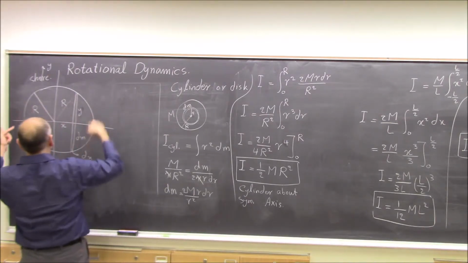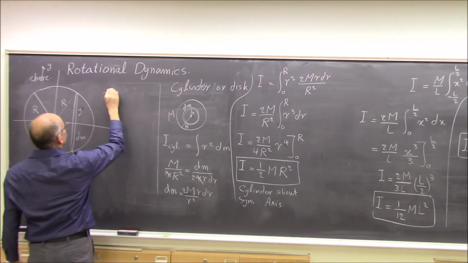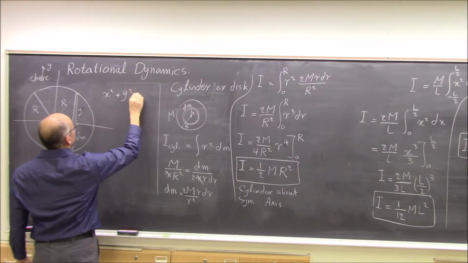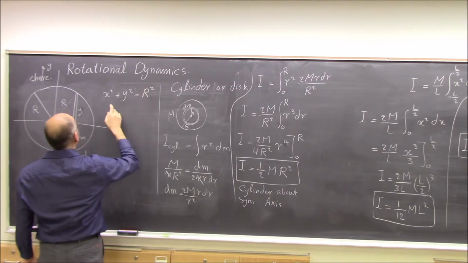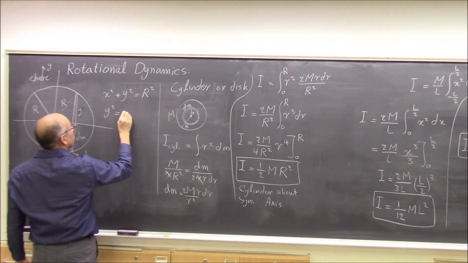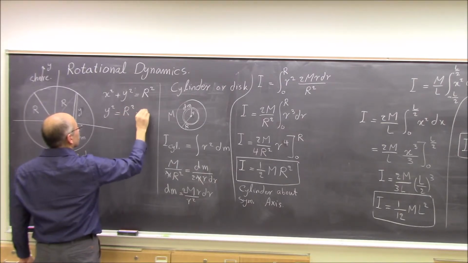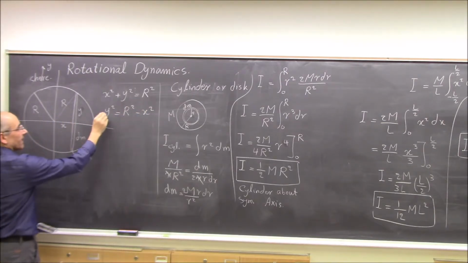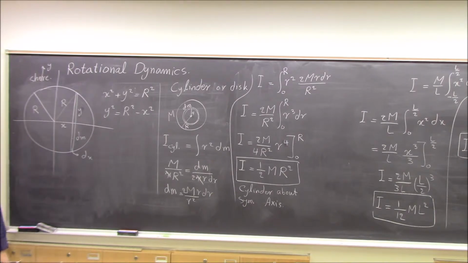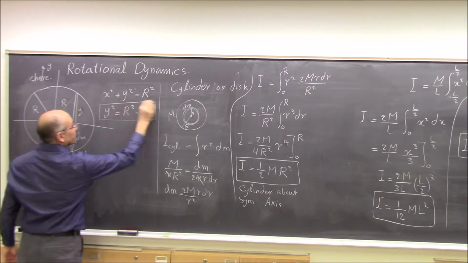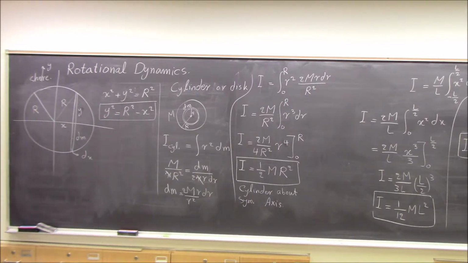That's the equation of the circle. So y squared is equal to R squared minus x squared. So you can write y in terms of x. Y is the radius of the disk. R is the radius of the sphere.